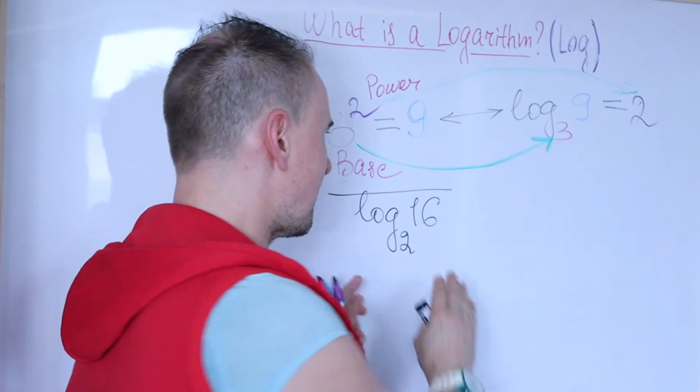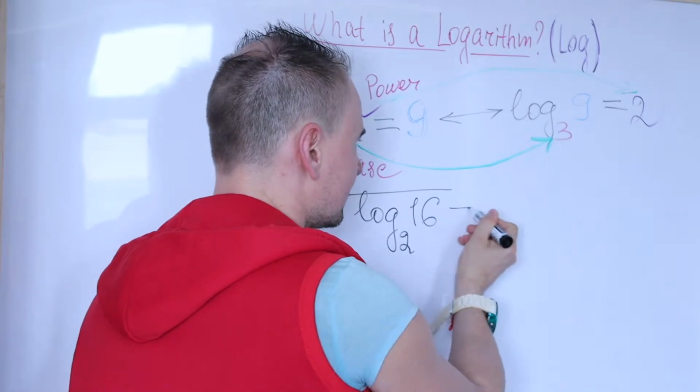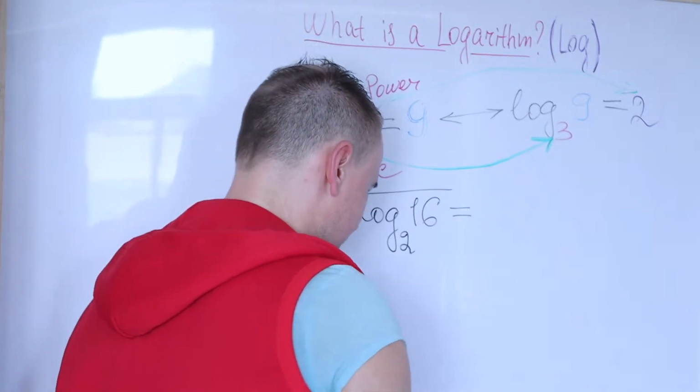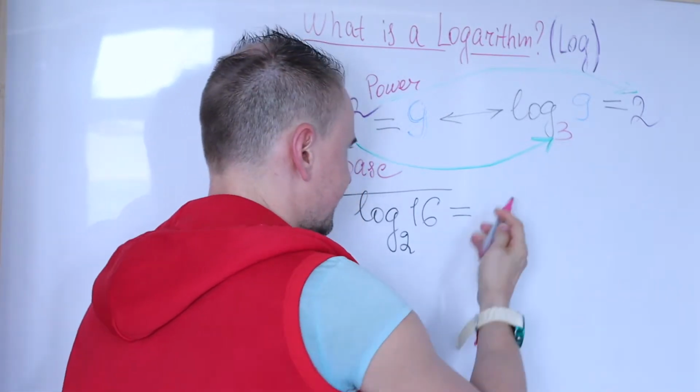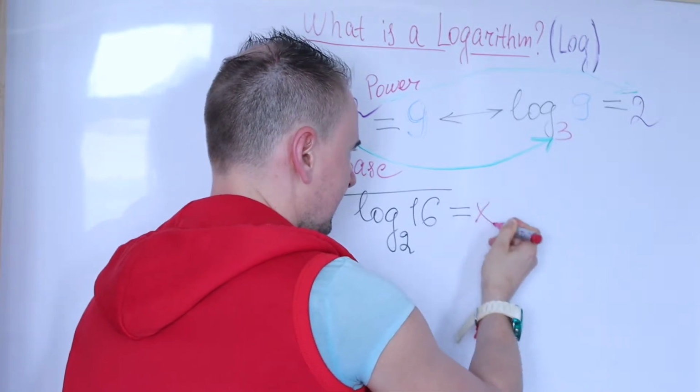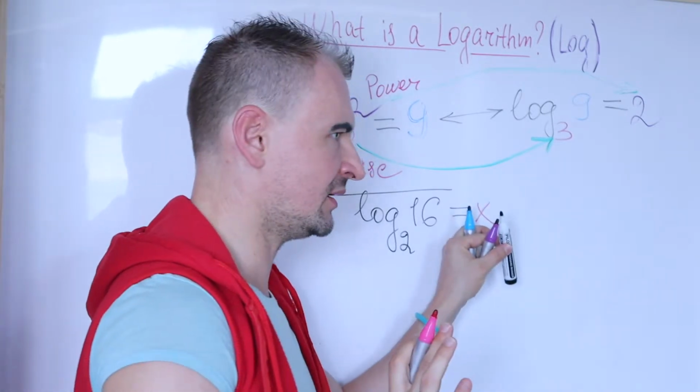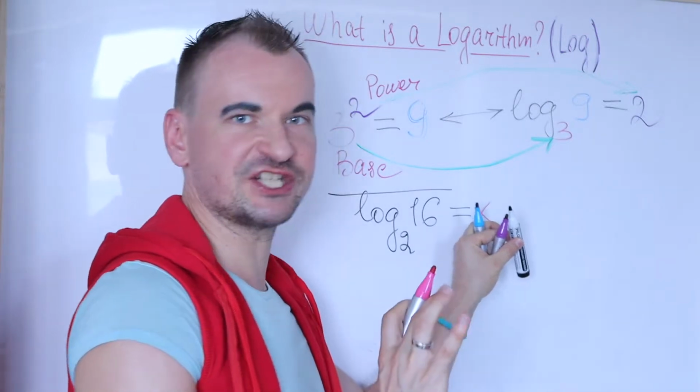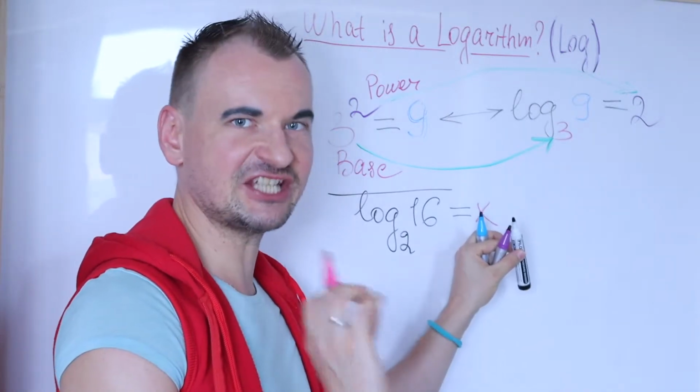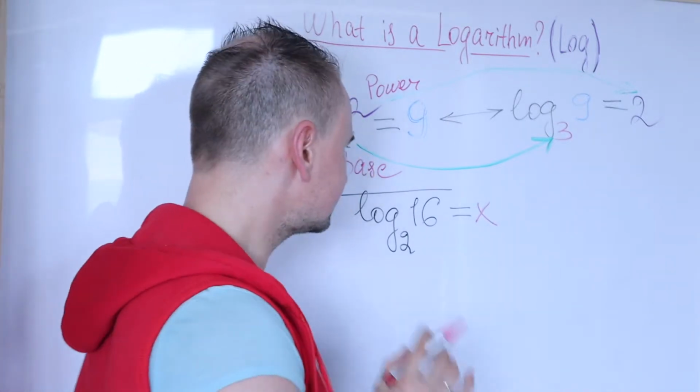First of all, make this logarithm equal to x, or another variable, so we don't know what it is. Set it equal to x.